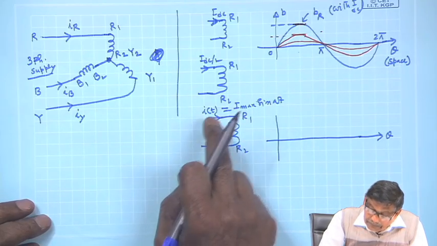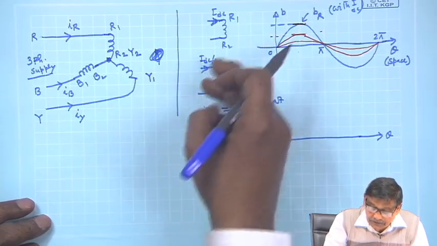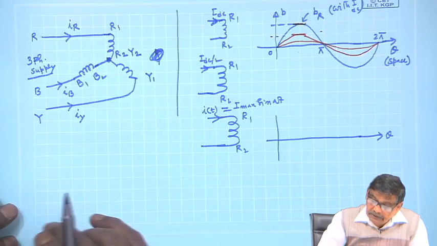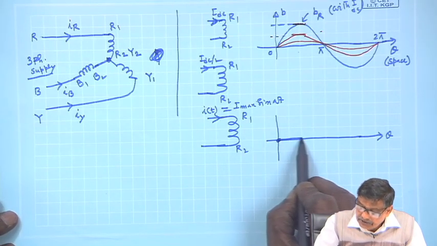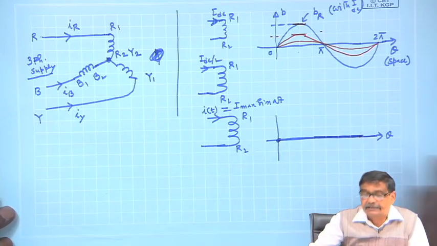Now, the current magnitude is changing on its own. I do not have to connect another DC source and pass I DC by 2. It is changing on its own. When it is 0, there will be no B distribution, it will be along this axis only.